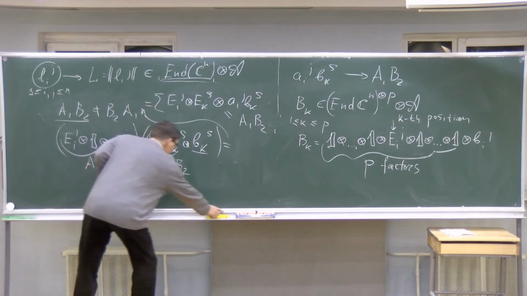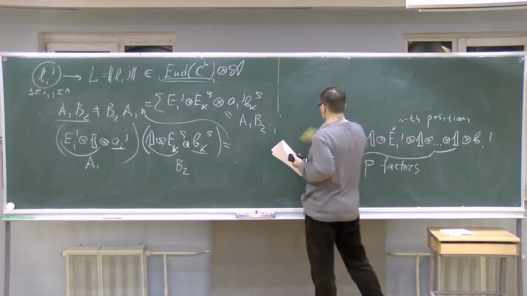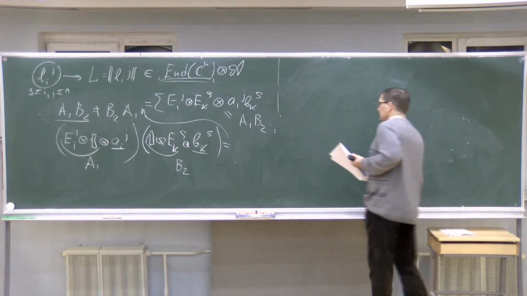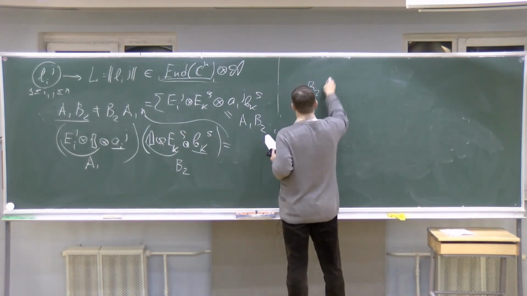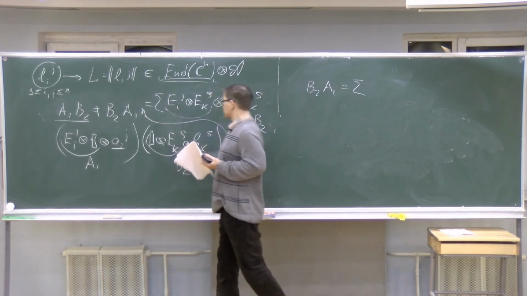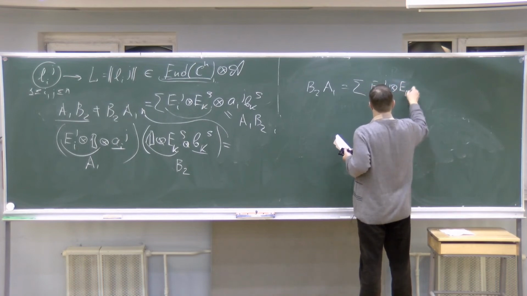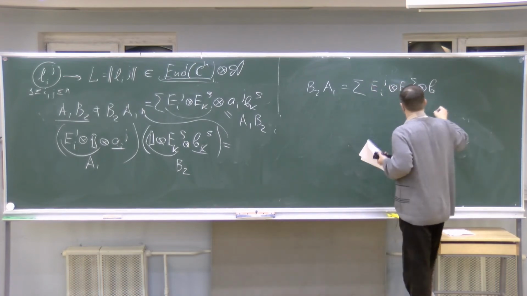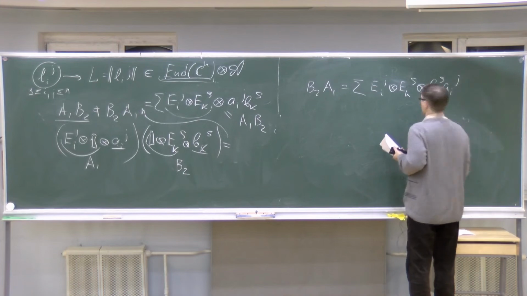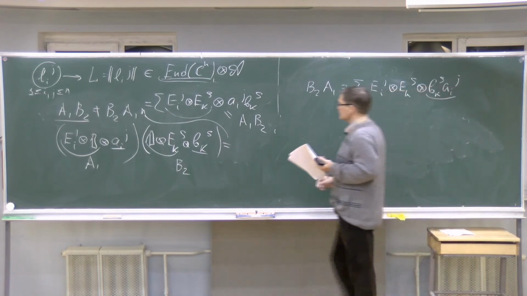And then, if I try to calculate the product of these matrices in the opposite direction, B_2 A_1, I get the same matrix notation here, the same matrix e_ij tensor e_ks, but here I get B_ks A_ij. And clearly this object is not equal to this one.